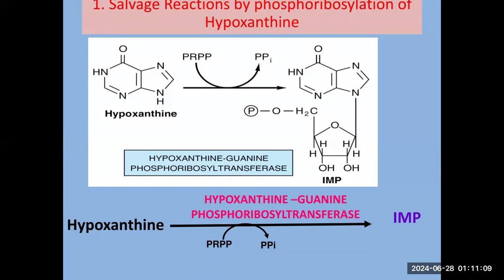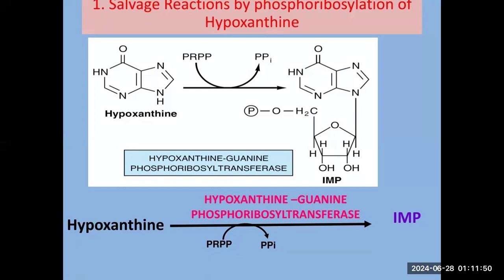This slide shows you the salvage reaction, by the formation of hypoxanthine. Hypoxanthine, one of the purines, in the presence of phosphoribosyl pyrophosphate, is converted into IMP, inosine monophosphate, which I pointed out is the first purine nucleotide which is synthesized, or the parent nucleotide which is synthesized.